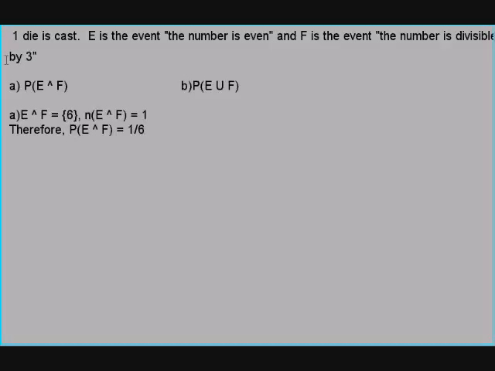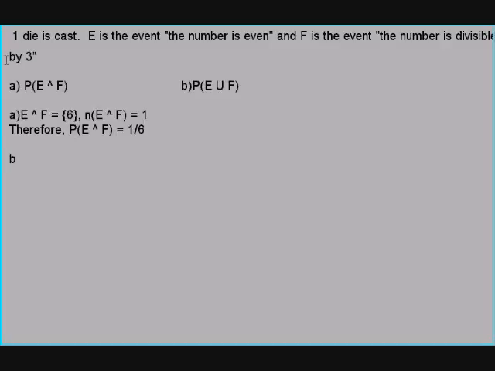So that was not too bad. We didn't have to use anything new there. And now we could do a similar thing for the union. We knew the union had the elements 2, 3, 4, and 6, which has size 4. So you know then that the probability of the union would be 4 over 6. But let's use what we just did a little bit ago.